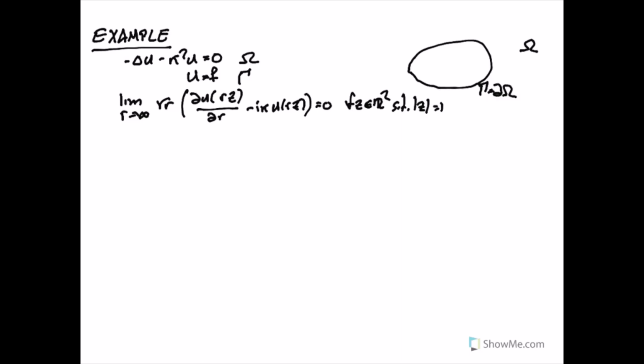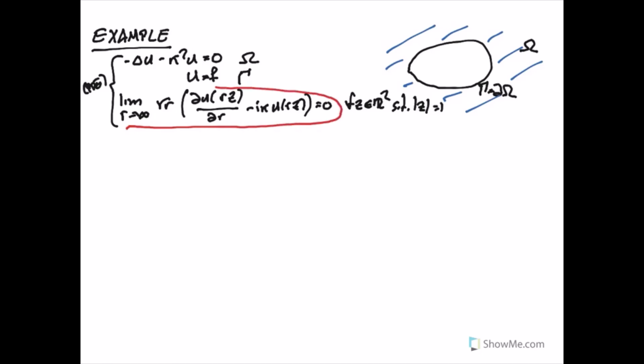So our final example is the exterior problem for Helmholtz equation, again with Dirichlet boundary data. So let's make it clear that omega is the exterior domain out here. In this case, for the Helmholtz equation, we have this rather quirky looking boundary condition at infinity.